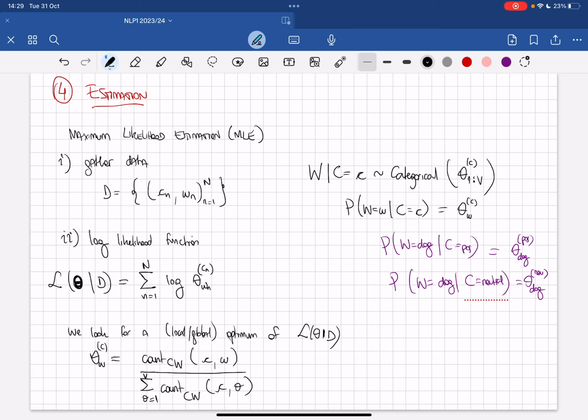To prove this result, you need to know a little bit of calculus, a little bit of Lagrange relaxation, and then you could actually find the optimum choice of theta, and you would see that it corresponds to this formula here at the bottom.